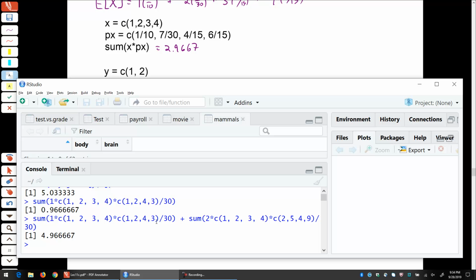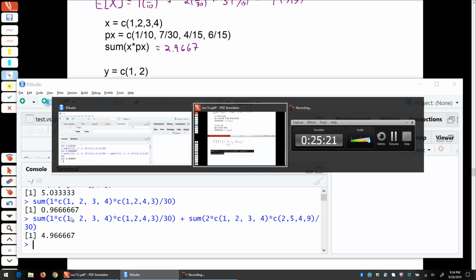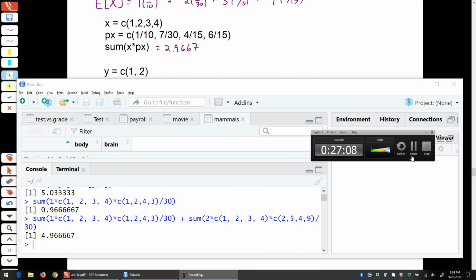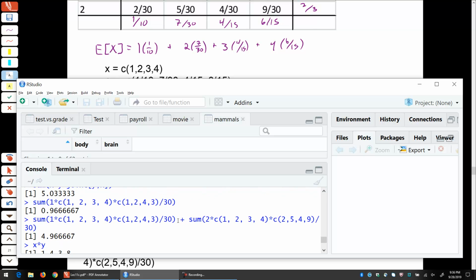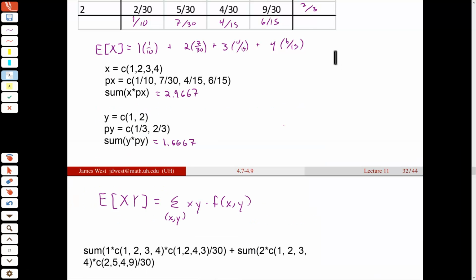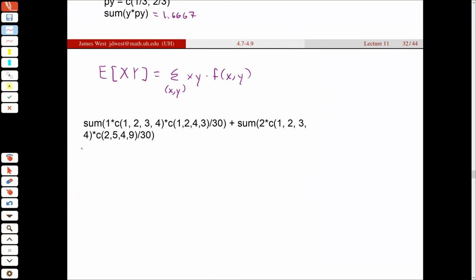At least, wait, did I do that right? Let me double check this real quick. Yes, I've done it correctly. And so we get the expected value is 4.9666. Wow, 667.